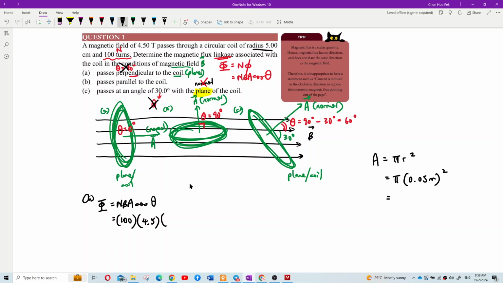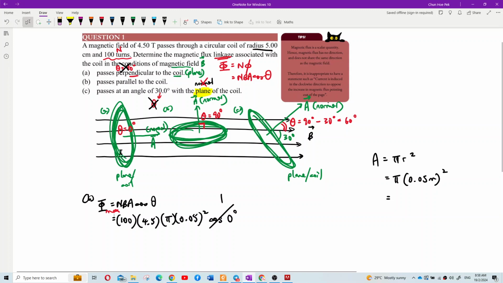So what do you get? Just write it first over here: pi r square meter. The first one is cos 0, and cos 0 is equal to 1. So this one you get maximum flux, because when the field is perpendicular to the plane, you get a maximum flux. So what's the answer, class?